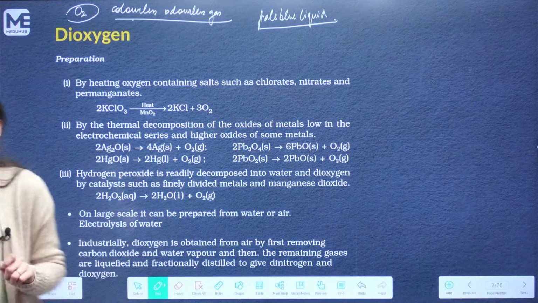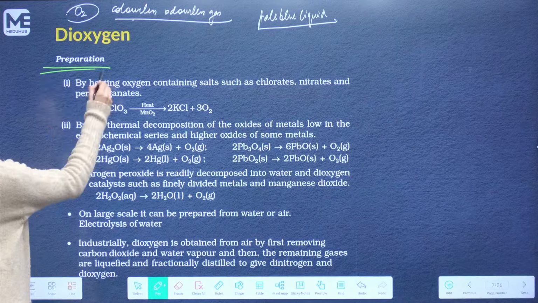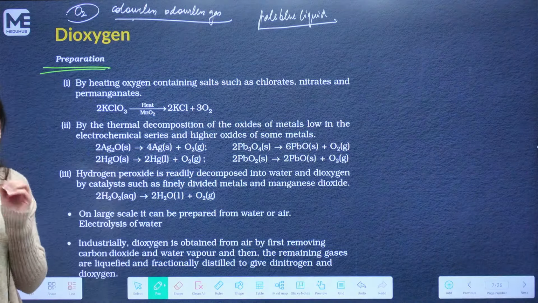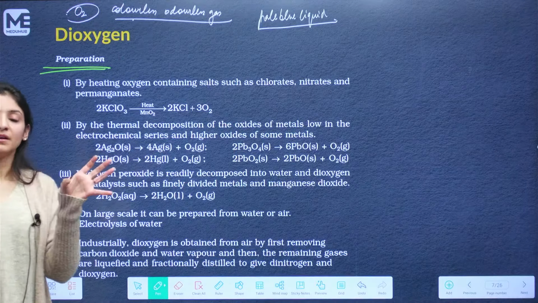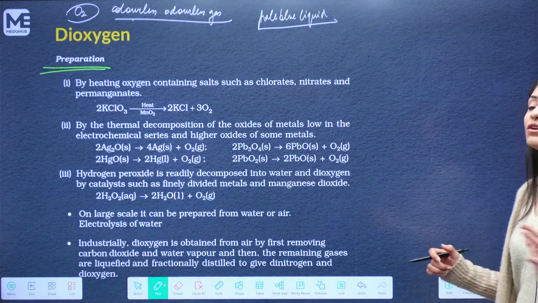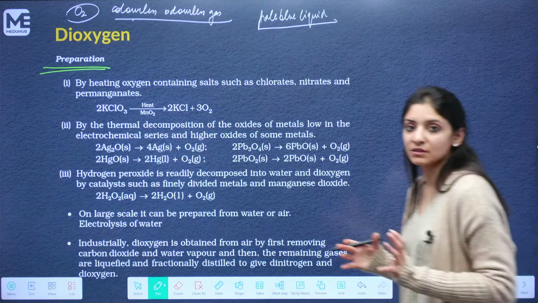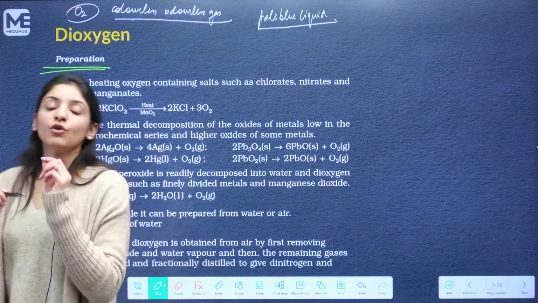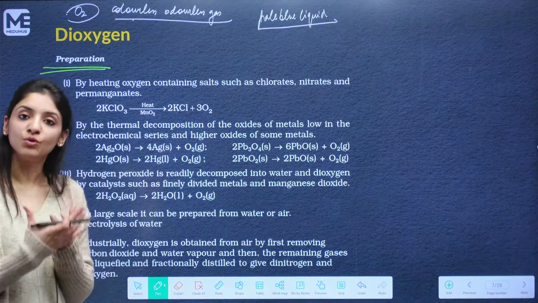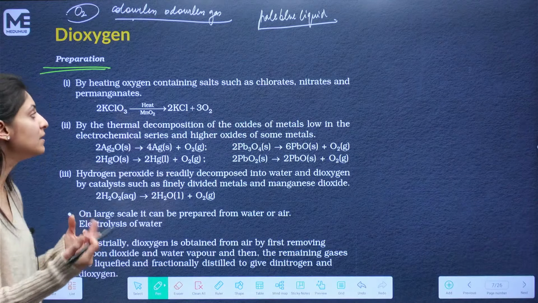Coming to the preparation of dioxygen. Oxygen is the most abundant element present on the earth in combined form as well as in its molecular form. Majority of this oxygen is produced by photosynthesis. Chlorophyll uses the sun's energy, CO2 and water to produce foodstuff like glucose, and oxygen.